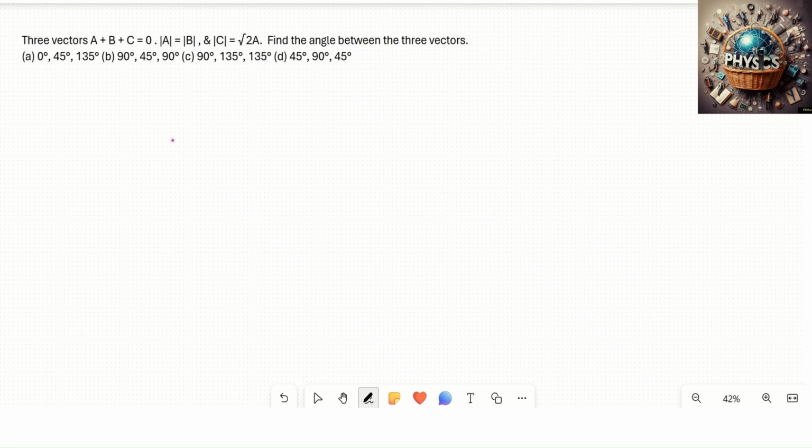The next question says that there are three vectors A, B, and C, and A plus B plus C is equal to 0. The mod of A is equal to the mod of B, which means the magnitudes of both these vectors are the same, and the magnitude of C is root 2 of A. Find the angle between the three vectors.